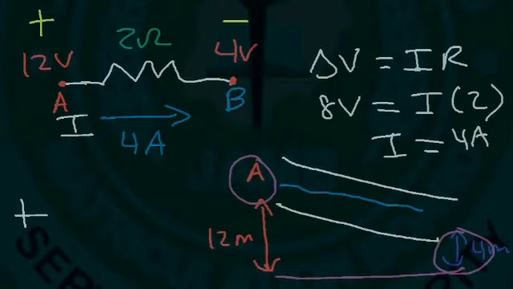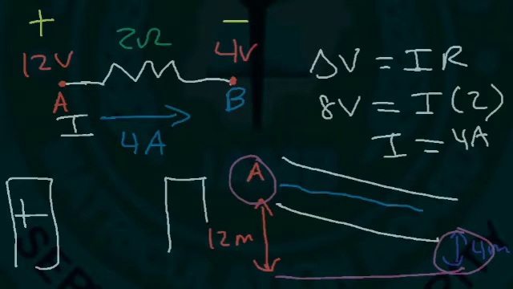So let's say this side is positive and this side is negative, and you put a proton in the middle. In which direction will the proton accelerate? Will it accelerate towards the positive plate or towards the negative plate? We know that like charges repel and opposite charges attract.